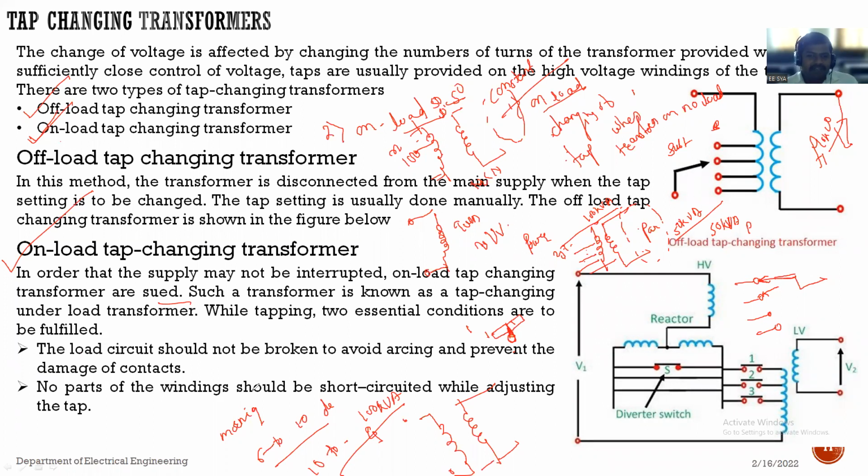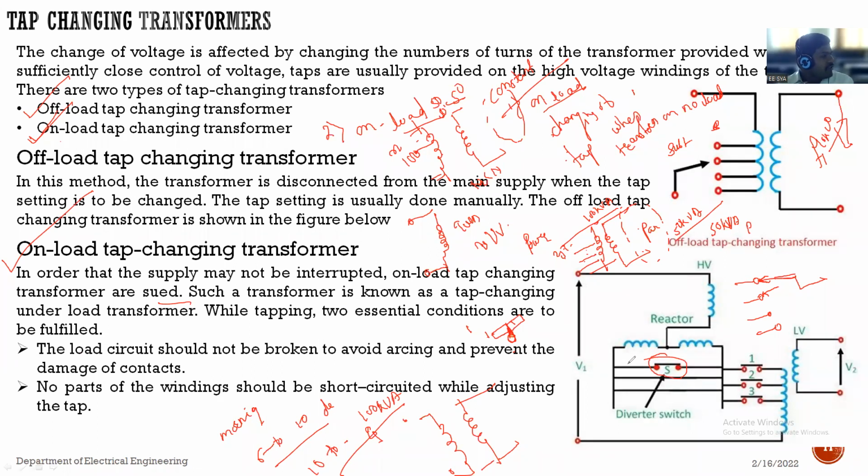Now see how it can be done. We have to maintain the continuity of supply. That means this can be achieved by making one connection, like one diverter point. We use a diverter terminal or diverter switch here. See, while changing this tap from one terminal to the other terminal, via this diverter point we maintain the continuity of supply.